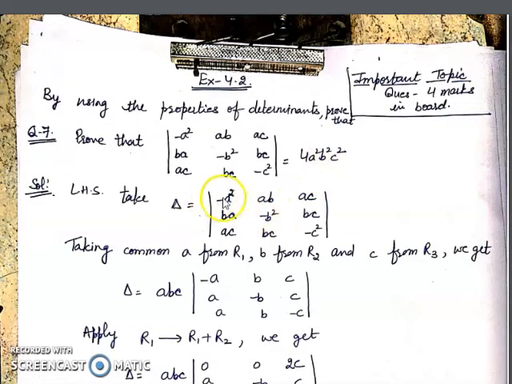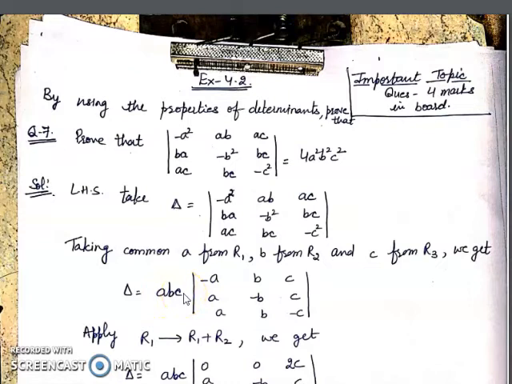So take a common from row 1, b common from row 2 and c common from row 3. So a, b, c taking common from R1, R2 and R3 respectively, so we write a, b, c outside.